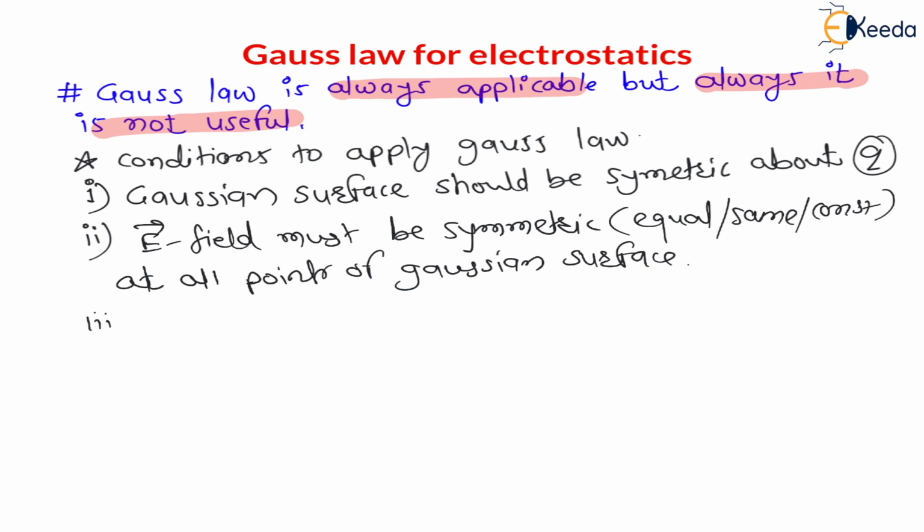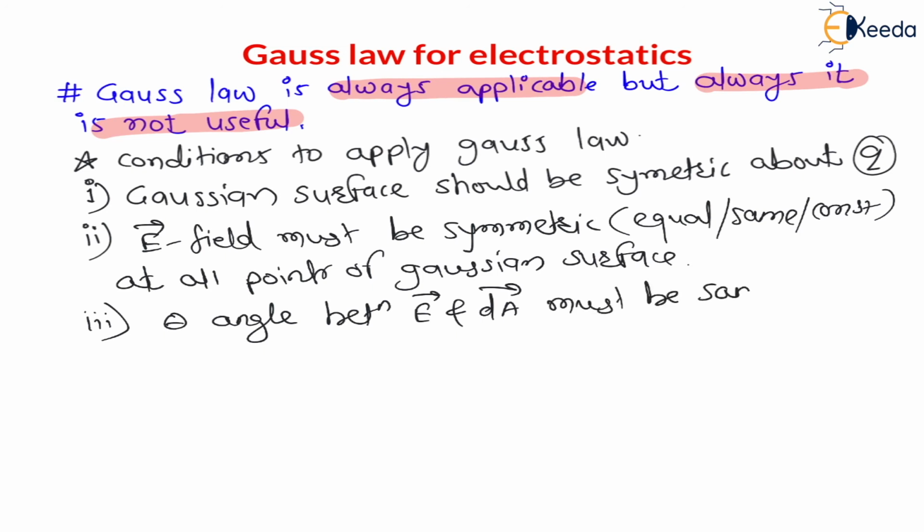Then the third point to apply Gauss law is theta, the angle between the electric field and the area vector. This theta must be the same at all points of the surface.